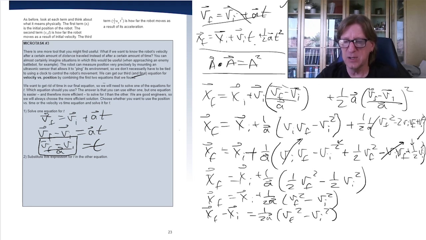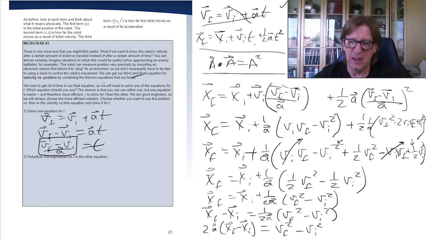Okay. Now I need to multiply both sides times 2a, times vector 2a. And so I get 2a times xf minus xi is equal to vf squared minus vi squared. Now I'm finally done. And all I need to do is bring my minus vi squared over to the other side so it becomes positive.